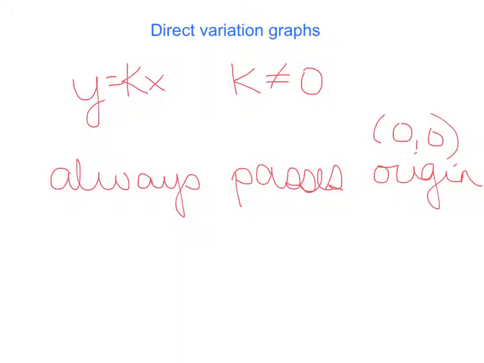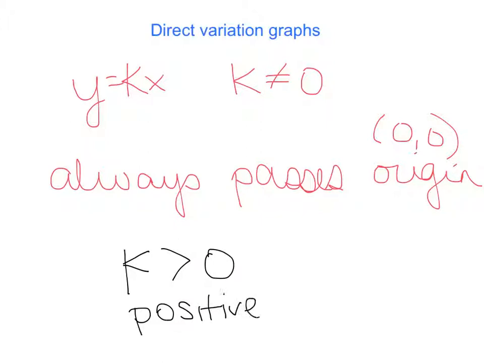And the slope is positive if k is greater than 0. So if you have k and it's greater than 0, then the slope is positive. If you have a k that is less than 0, then your graph is negative.